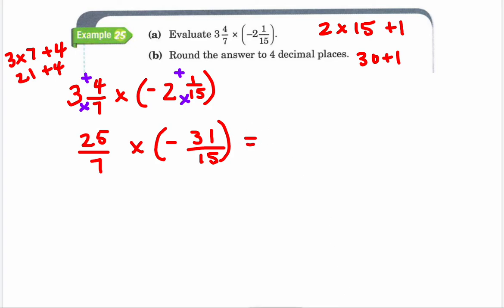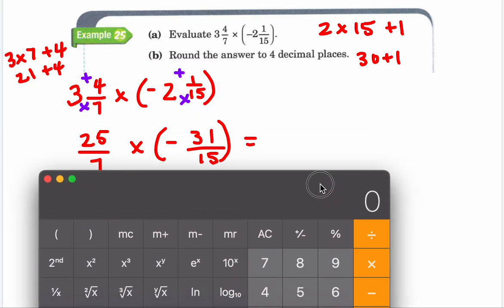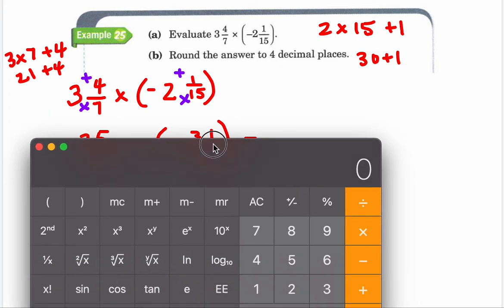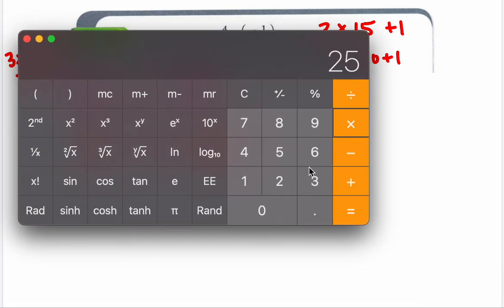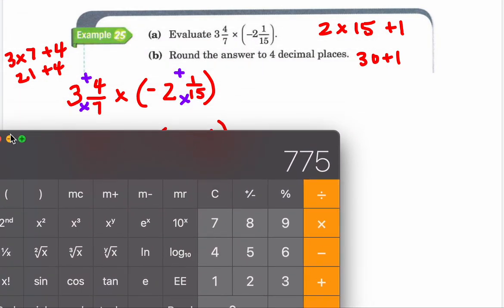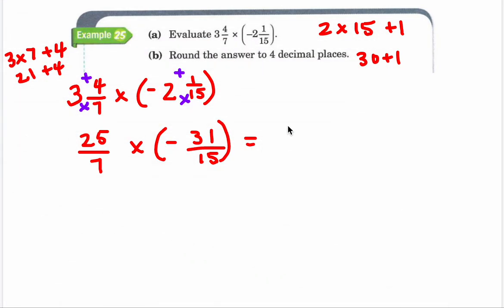Oof, let me use a calculator for that. 25 times 31. Yikes. That is 775. That's a negative times a positive, right? Positive times negative.